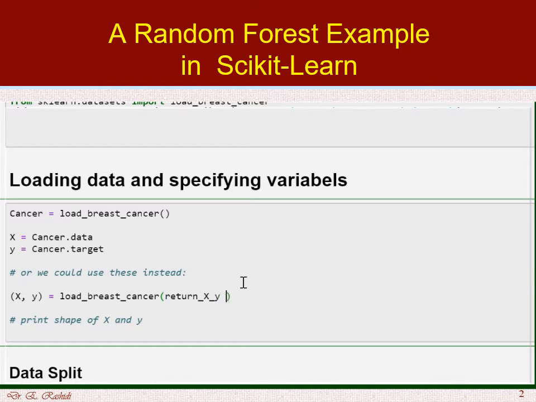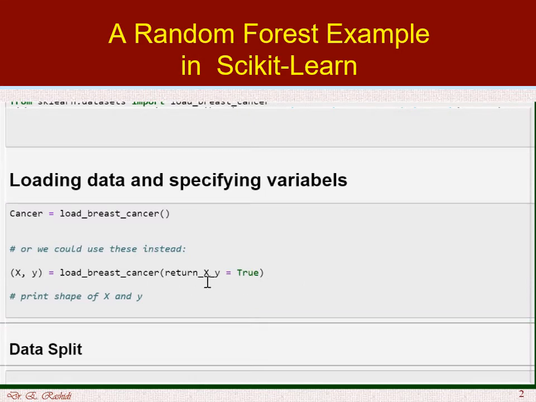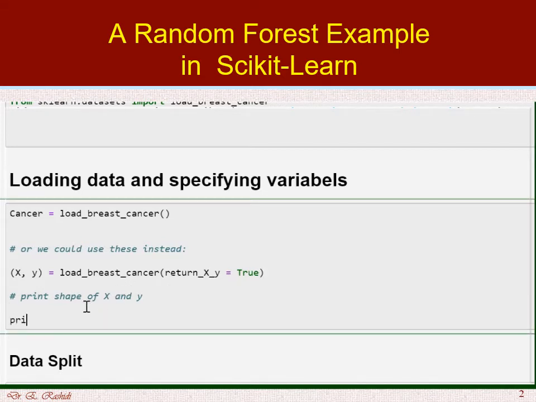So X has to be capital. This has to be true. So if I get rid of this, it will still work. X is going to be my independent variable and y is going to be my target variable. So let's print out the shape of X and y here.